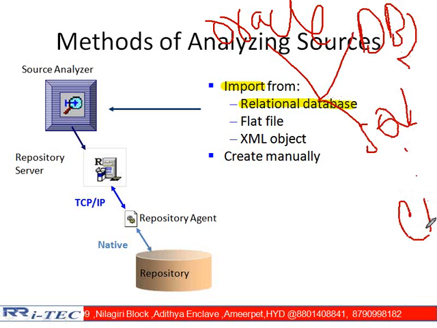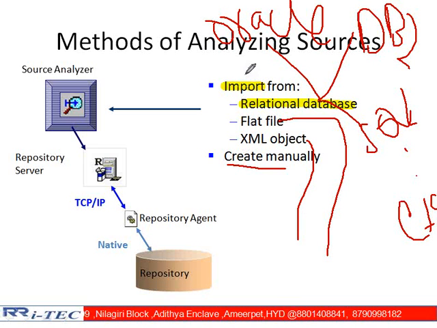It may be a flat file also. Flat files have different types. One is delimited, that means comma separated values, tab separated values like that. Second is called fixed. It may be any type of flat file. And XML files also, if you want, or you can create your source manually. Whatever you want, you can create it.